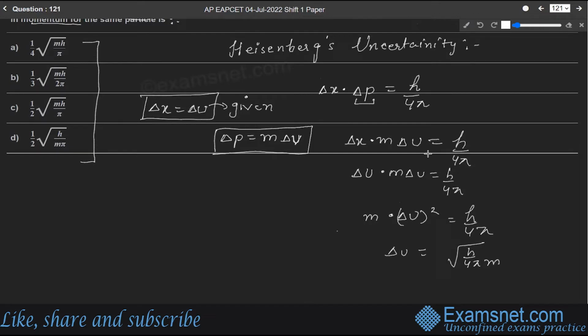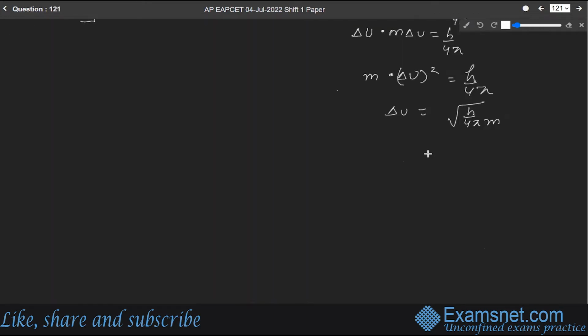So you already got velocity, now you need to multiply m to it. So what you will be getting is m delta u equals under root of h m over 4 pi. So delta p is this relation, h m over 4 pi.